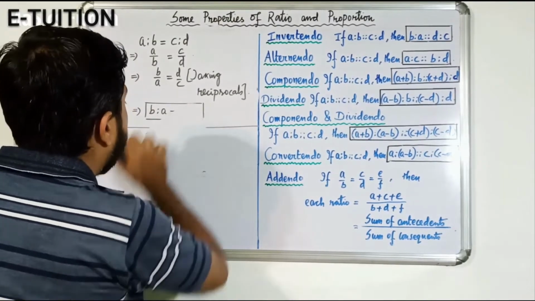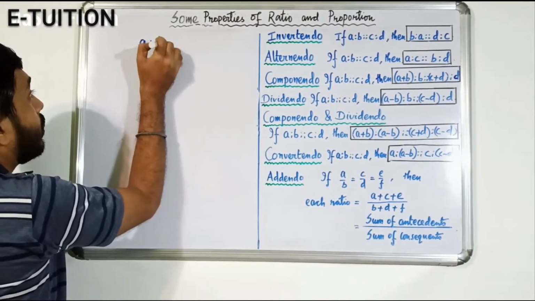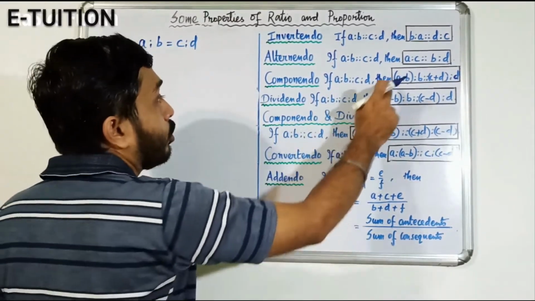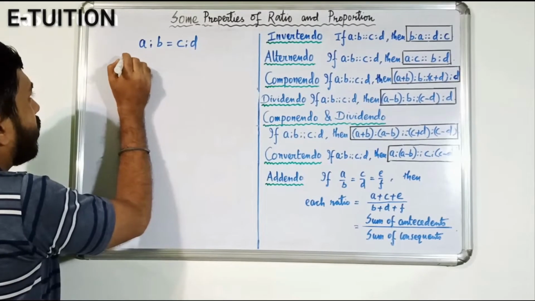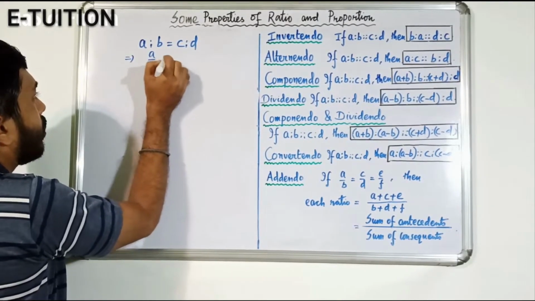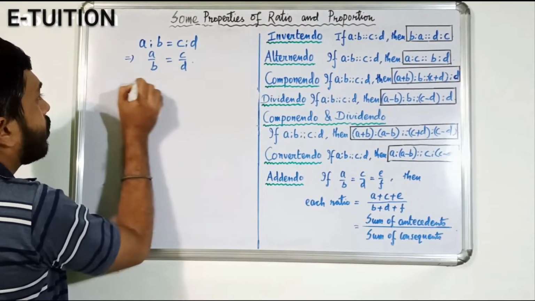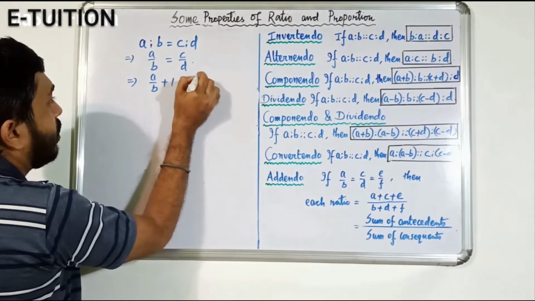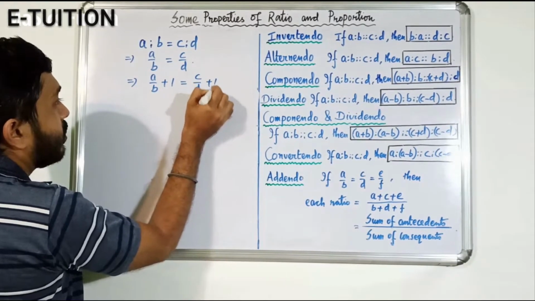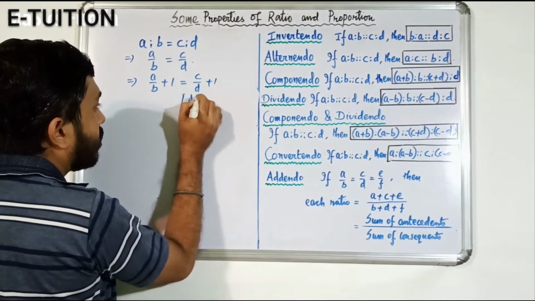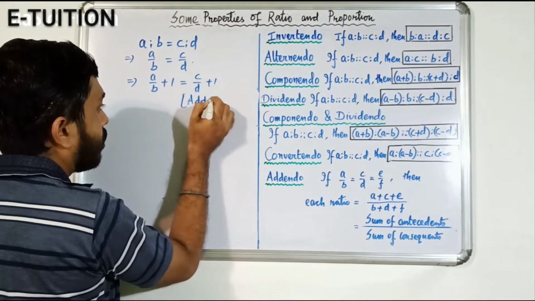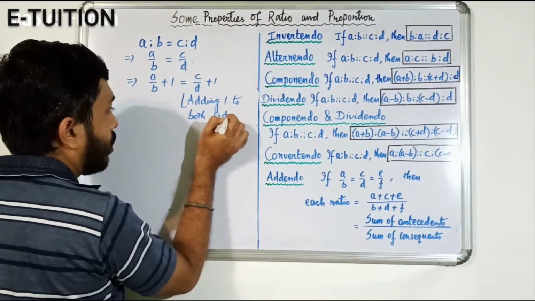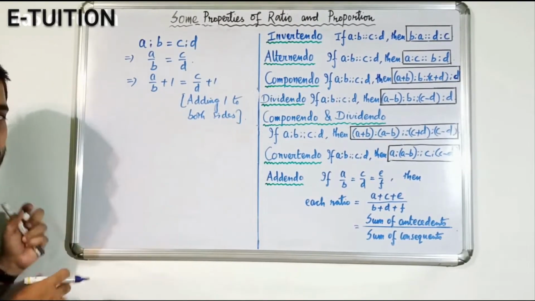After that is componendo. If A is to B is equal to C is to D, then we have to show this. Just add 1 to both sides, and nothing else we have to do. Adding 1 to both sides. Is it okay, children?